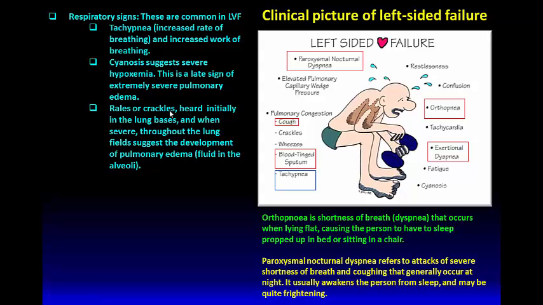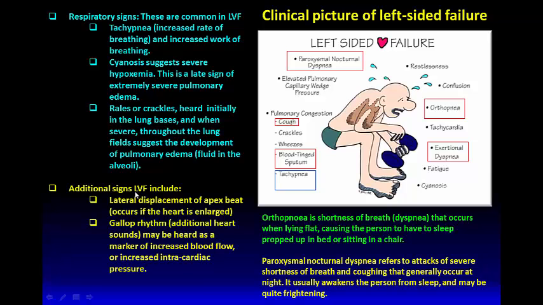These are terms for the same sign, and these are fine crackling sounds which are heard initially in the lung bases, and when left-sided failure is severe, the crepitations will be heard throughout the fields of the lung, and this suggests the development of pulmonary edema.